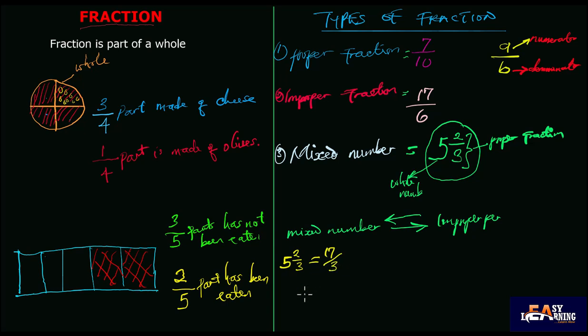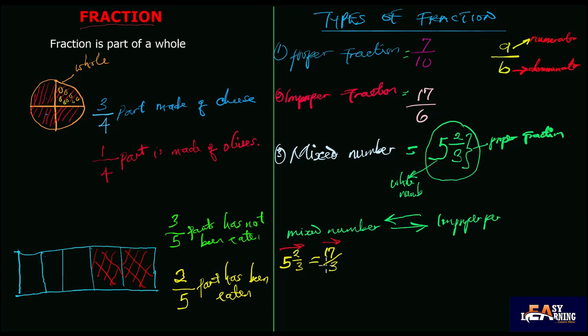So we've been able to change this mixed number to the improper fraction. Why is it improper? Because the numerator is bigger than the denominator.